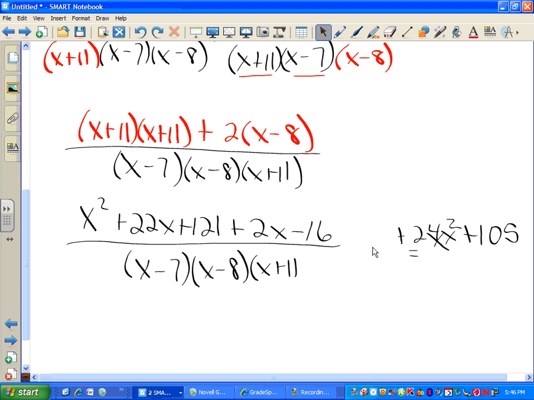Okay, so let's undo that. The denominator on this one would be x minus 7, x minus 8, and x plus 11.